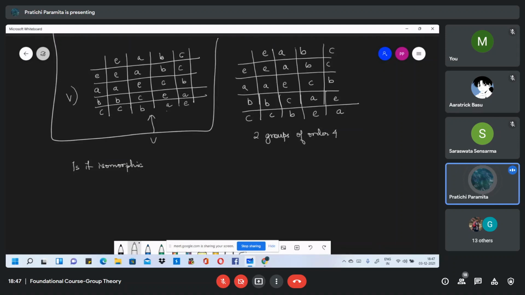So let me talk about one group which we all know, which is a cyclic group. Is it isomorphic to Z mod 4Z? This has 4 elements.